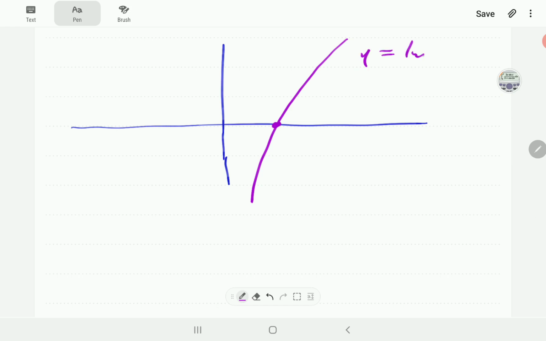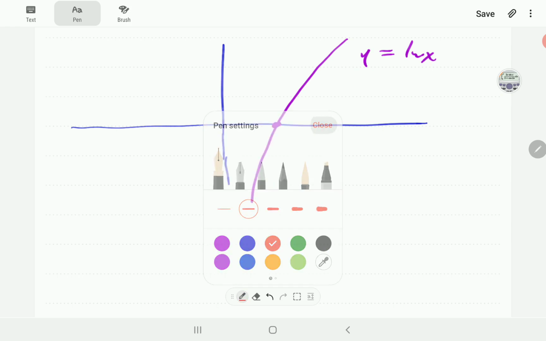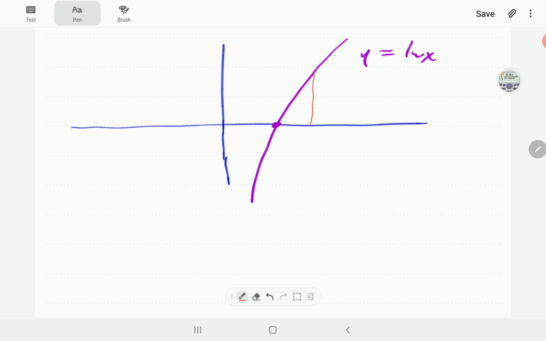So this is y equals ln x. So again, you can see that as x goes to infinity, y is going that way to infinity. So the limit of ln x as x goes to infinity is also infinity.